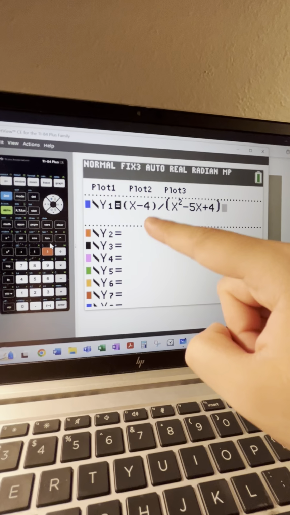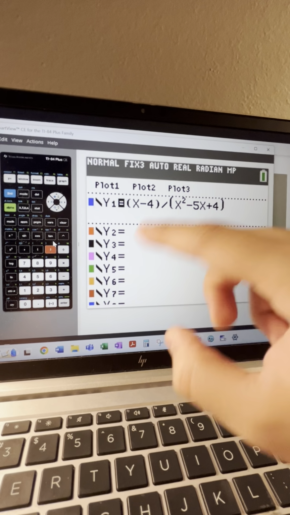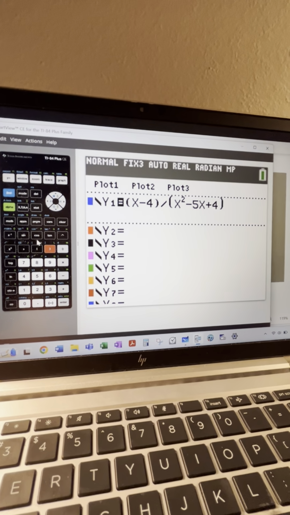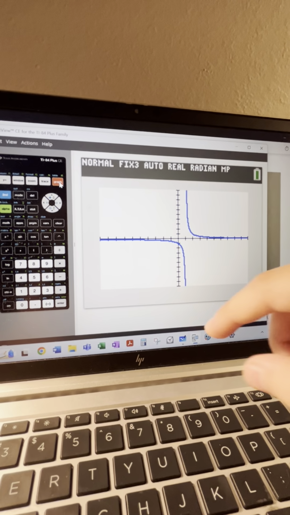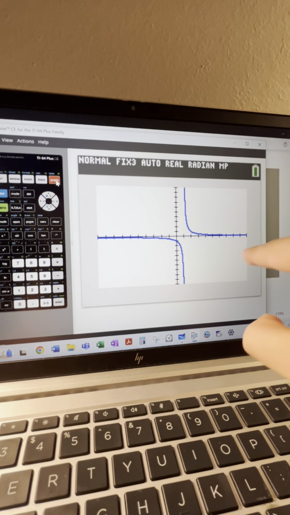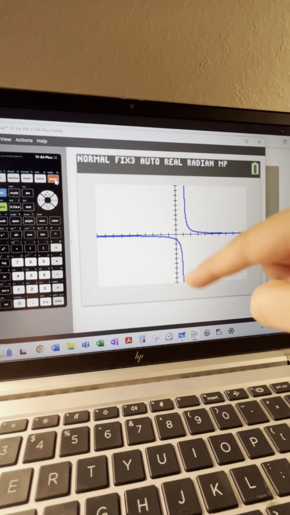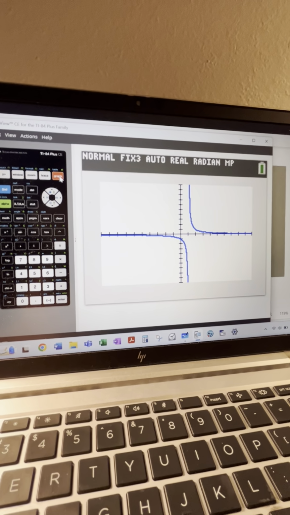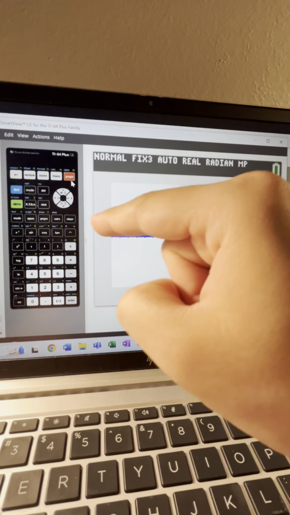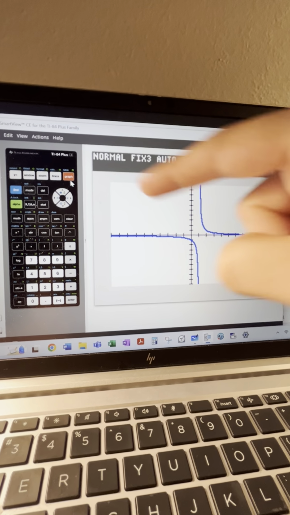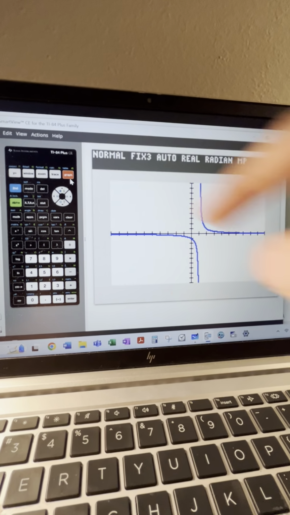So now that we entered in our function, if you want, you can click graph just to get an idea of how it looks. So the TI-84 graphs it for you. You have some type of vertical asymptote here. But what I want you to do at this point is go to second graph.